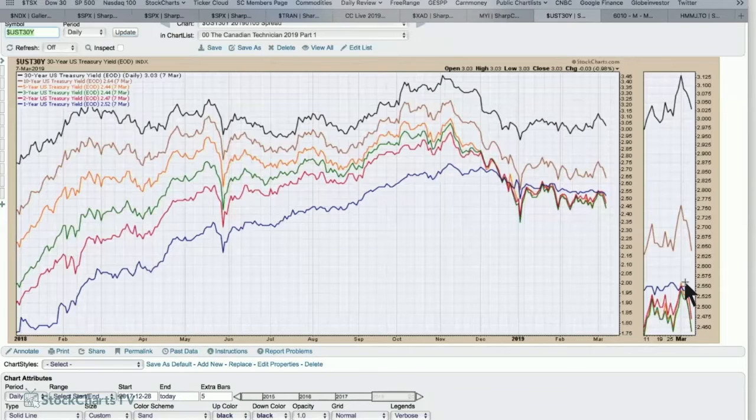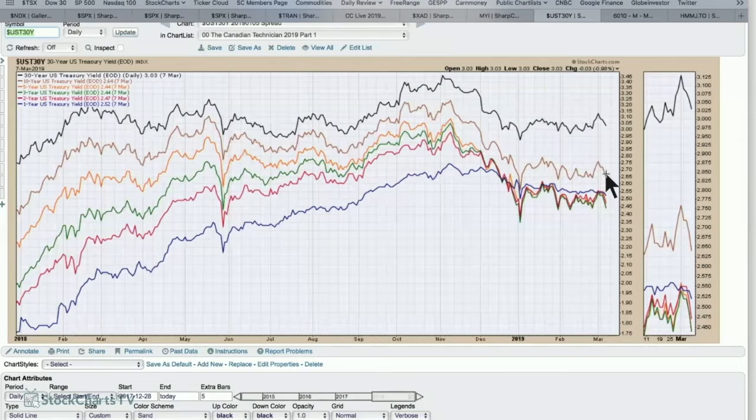And while I definitely agree it was a pretty important signal, the problem is it didn't hold. And so we had the 30-year breaking out to 2-month highs, almost 3-month highs. That's usually a good thing to look for, but it literally came up and reversed right away.